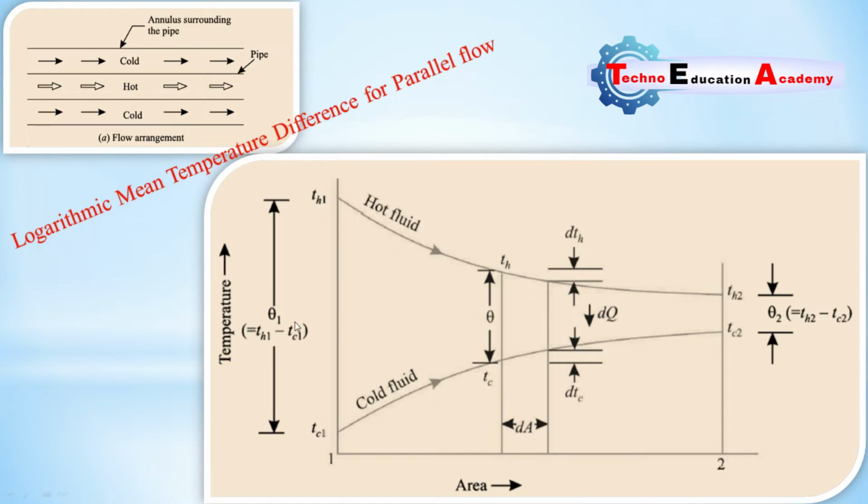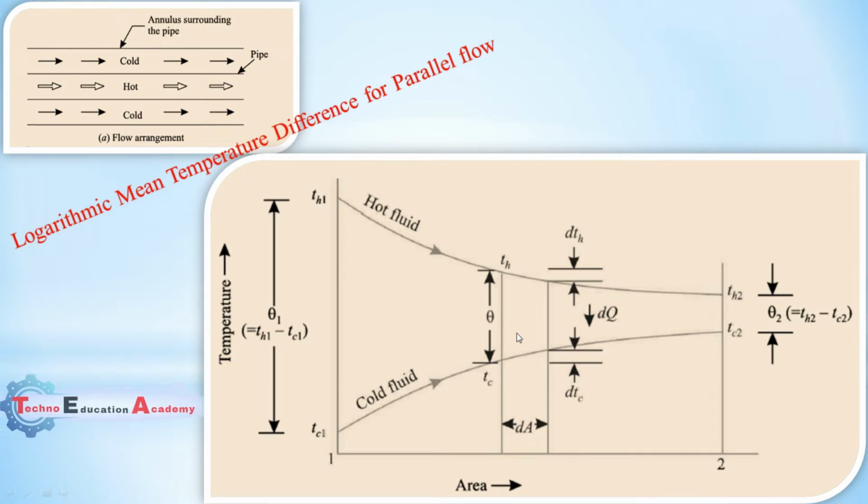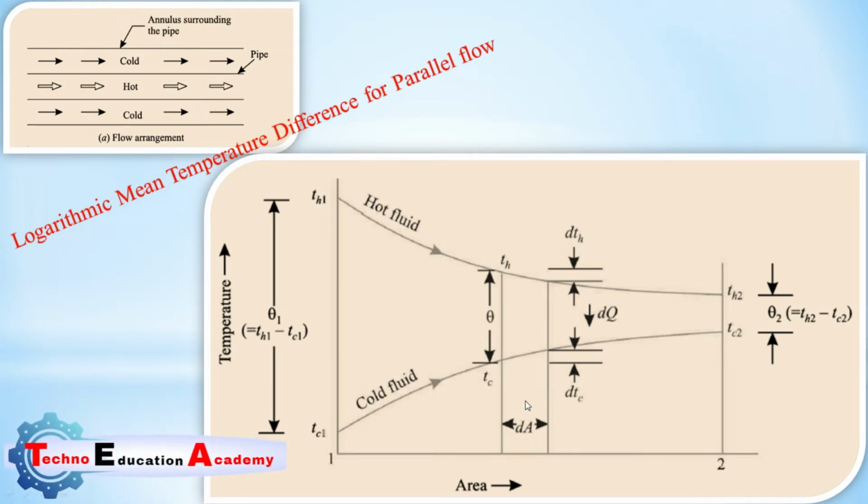Here we also consider theta1, which is the difference between the temperature of the hot fluid at inlet and the temperature of the cold fluid at inlet, that is, TH1 minus TC1. Similarly, at the outlet side, theta2 equals TH2 minus TC2.